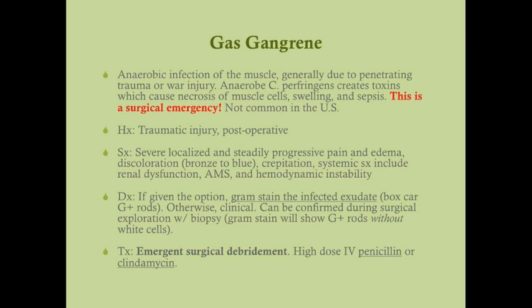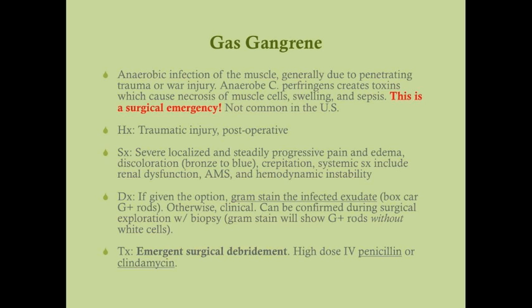Otherwise, this diagnosis should be a clinical diagnosis because the ramifications are so grave. So it can be confirmed during surgical exploration with a biopsy, and you usually will get that, but you should be getting this patient into the OR right away.